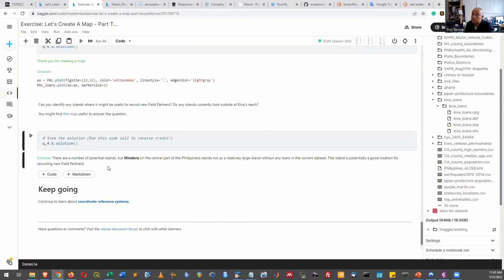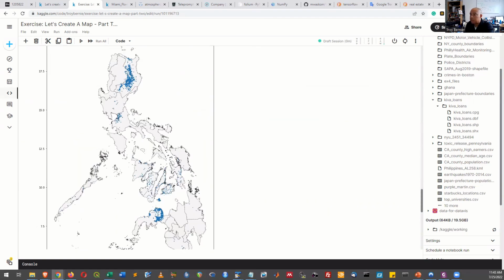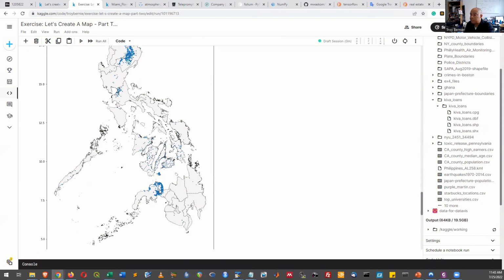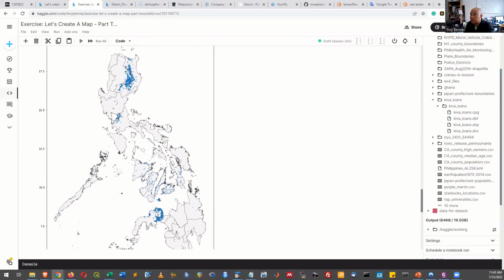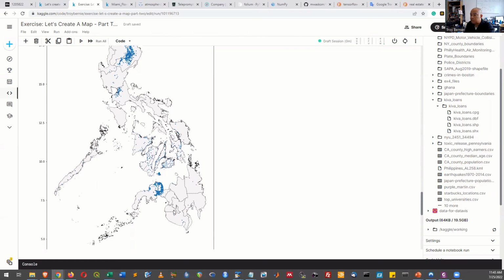So here's one of the things here. Notice there's plenty of coverage here, plenty of coverage here, some coverage here, plenty of coverage here. There are gaps where there's no coverage. Right? There are gaps where there's very, very little coverage. So one who's in the industry of providing loans would have folks that are administrators on the ground, field personnel.